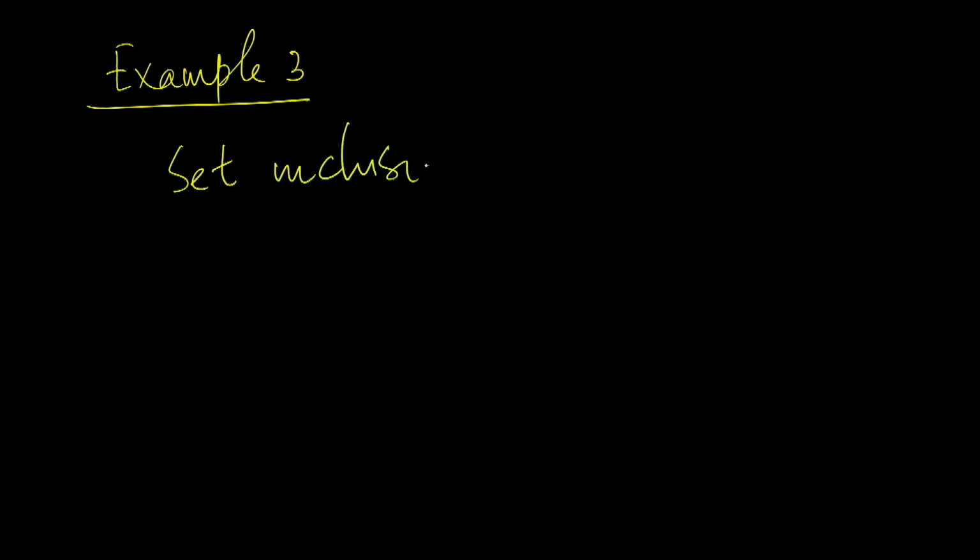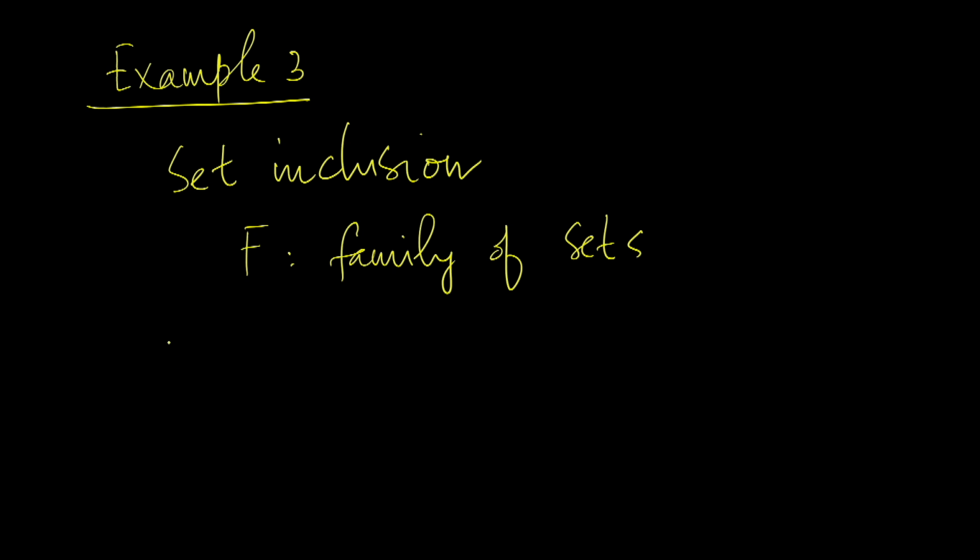Another example is the example of set inclusion. Let us say we have a family F of sets. Then for any A, we know that A is a subset of A. Therefore, the reflexive property holds for the subset relation.